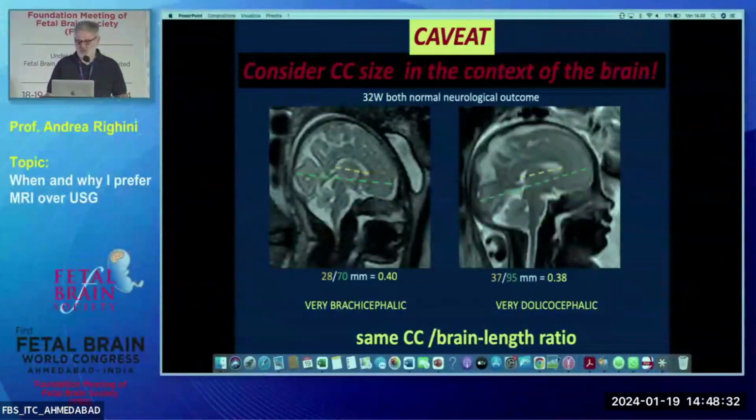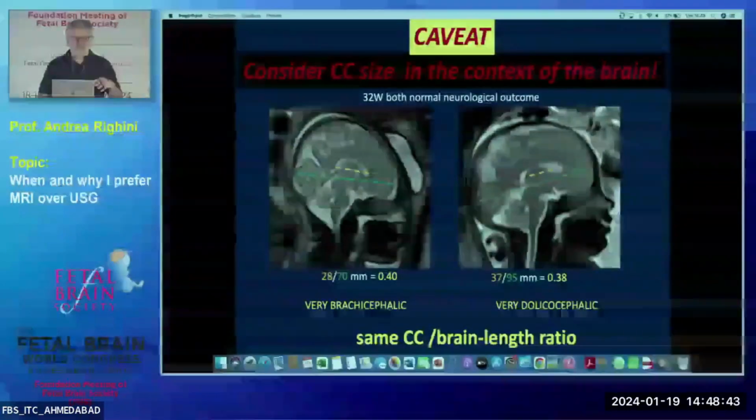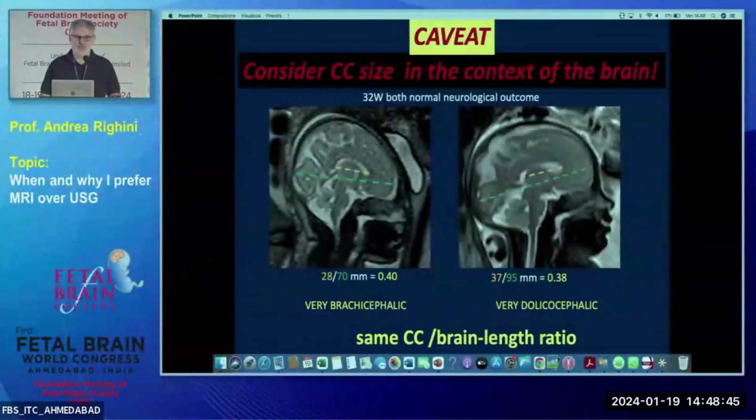But what is important, as I said in the beginning about geometry itself, is that the corpus callosum is not something that exists per se, but is within the context of the brain. So when we measure, we have to consider that the shape and size depend a lot on the shape and size of the brain. If you have a brachycephalic or a dolichocephalic head, what is important is the ratio.